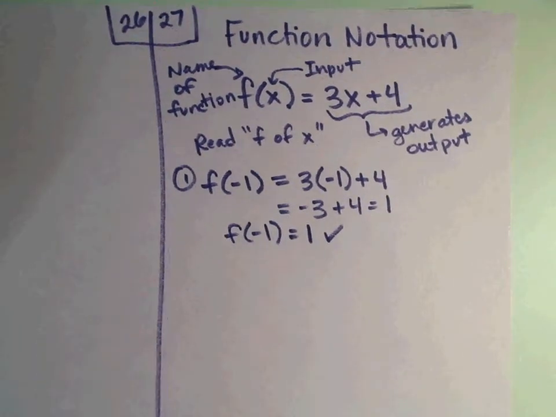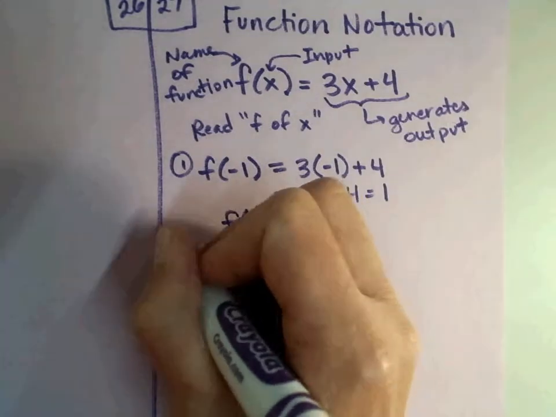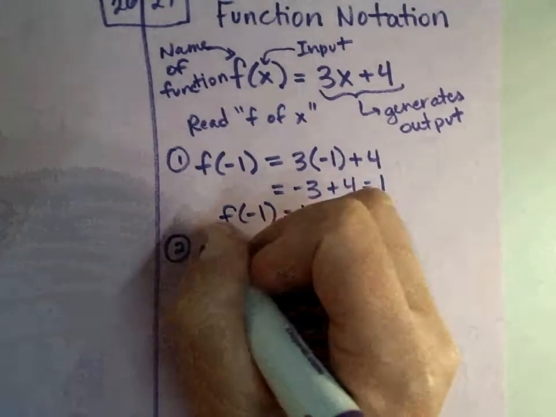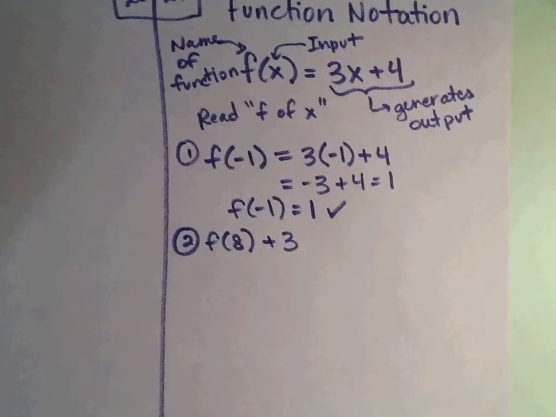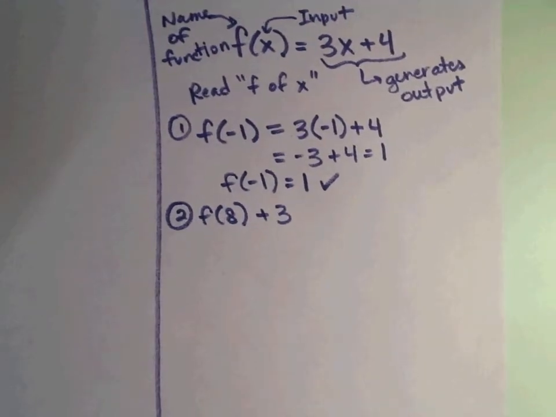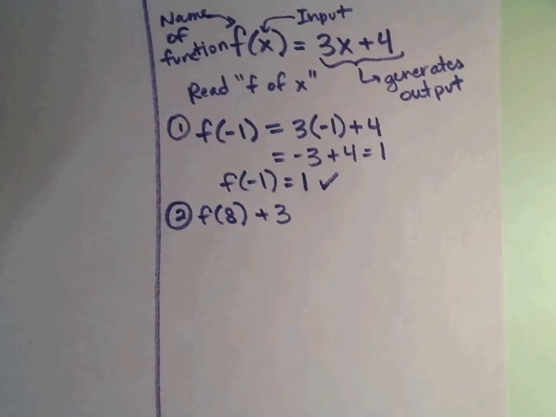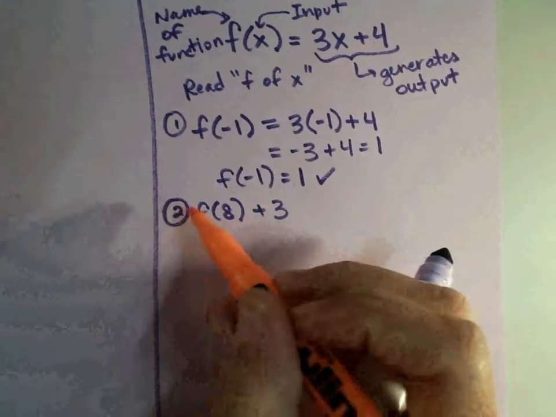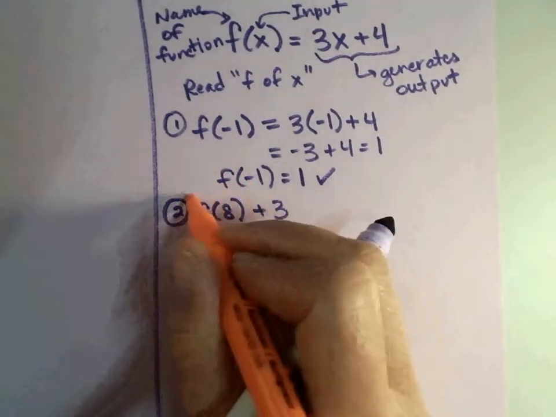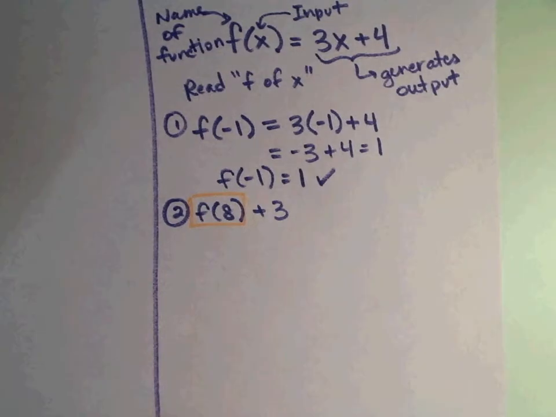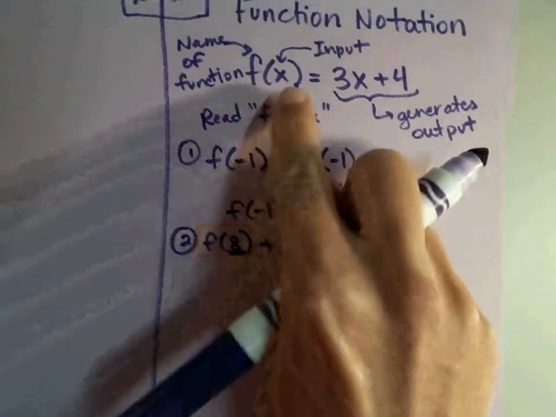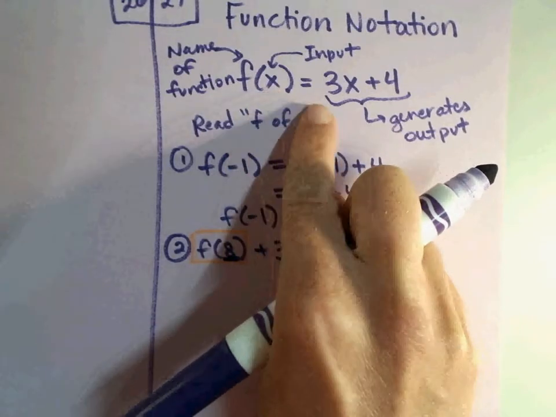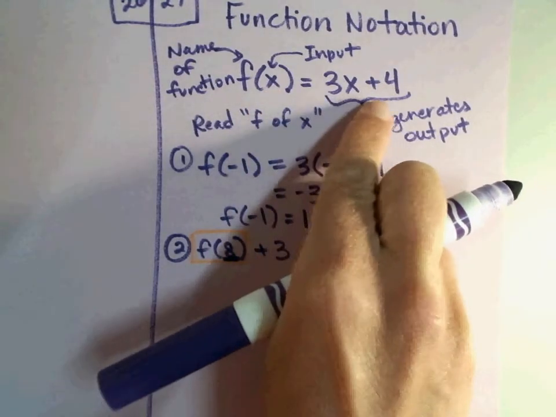Okay, let's try another one. So number 2, I'm going to evaluate f of 8 and then plus 3. If you have one like this, you're going to start with f of 8. So that means I'm putting 8 in for the input, and the input up here is defined as x, so it's going to be 3 times 8 plus 4.